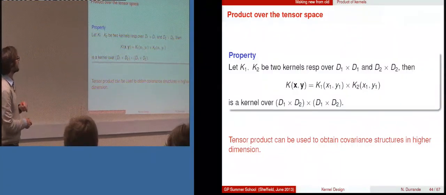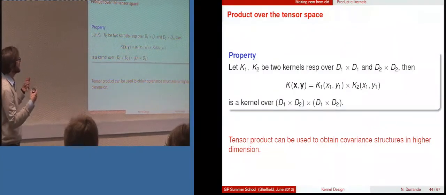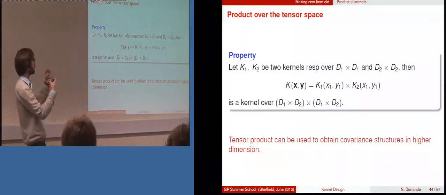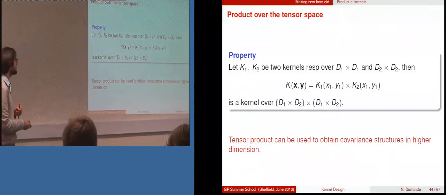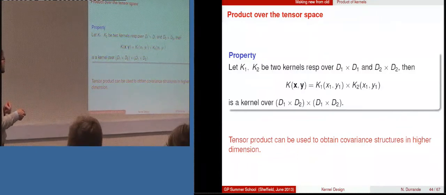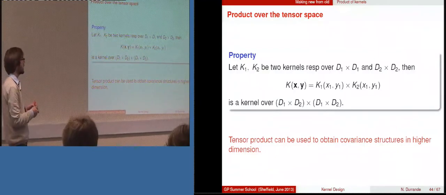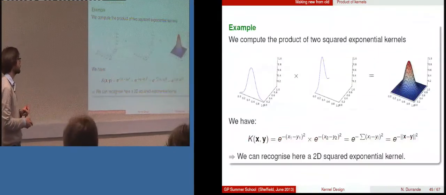I can also see the product of kernels as something to increase the dimension. Here K is defined as the product of 2 kernels over different spaces. This property tells us that it will be positive definite over the whole input space, so this can be used to obtain covariance structures in higher dimension.